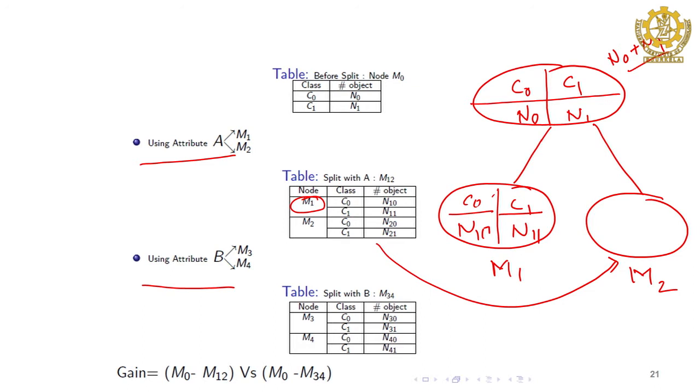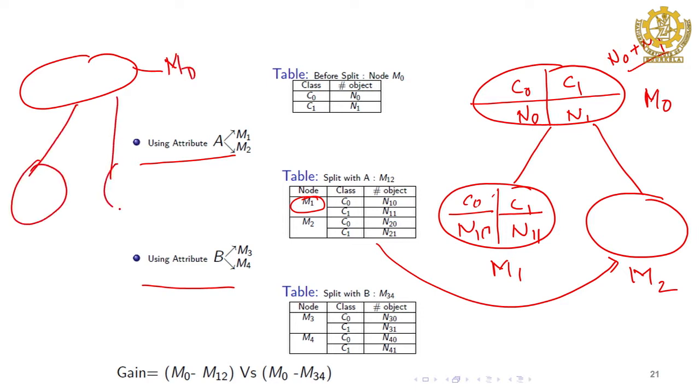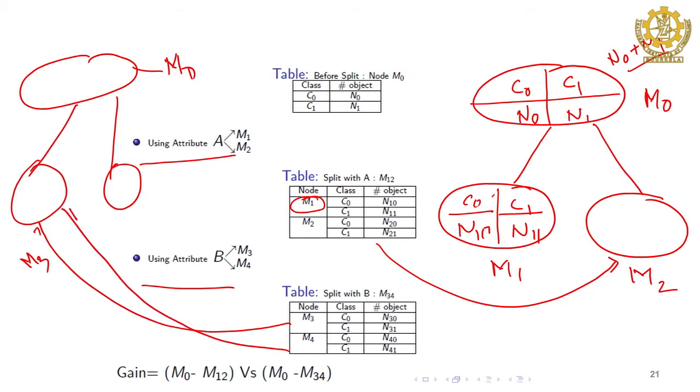Now if we apply attribute B on the same node, say M0, we will again get a distribution, with nodes M3 and M4. So we have two attributes, A and B, and we have split on each of them.